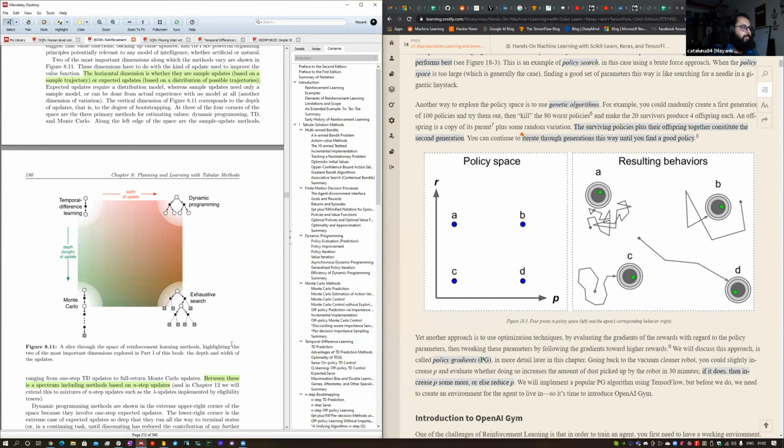Okay. Another way to think about this is here. It may be a bit out of context, but since I've gone through this book, I remembered this figure.